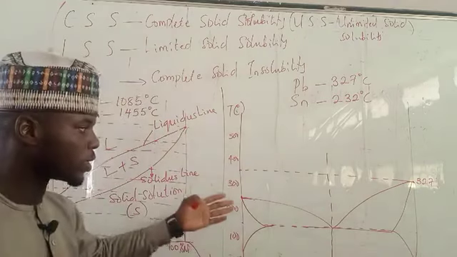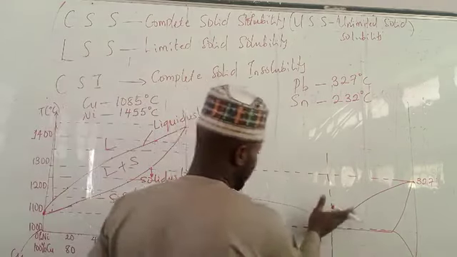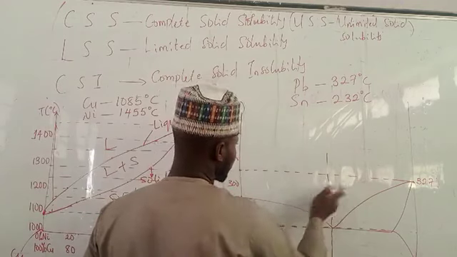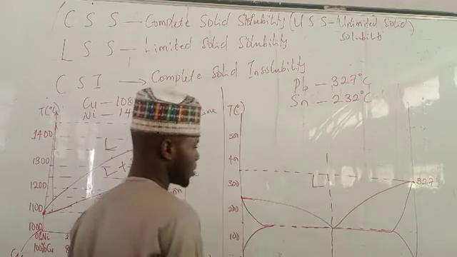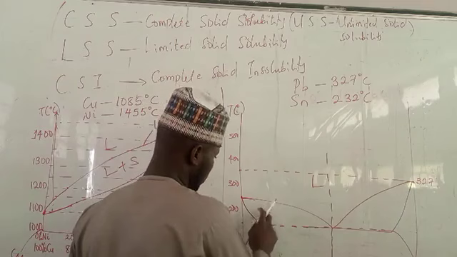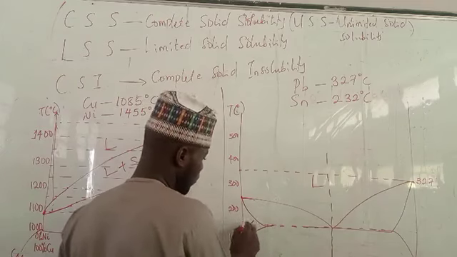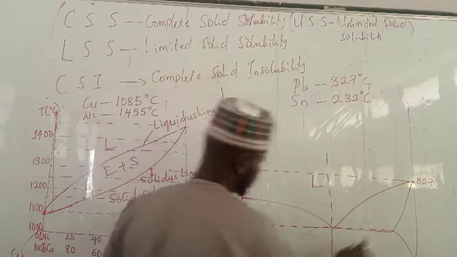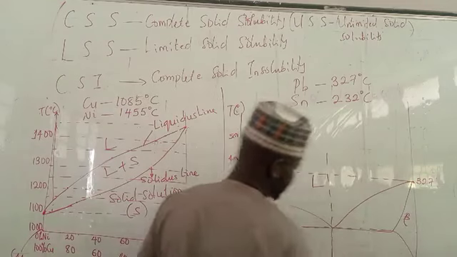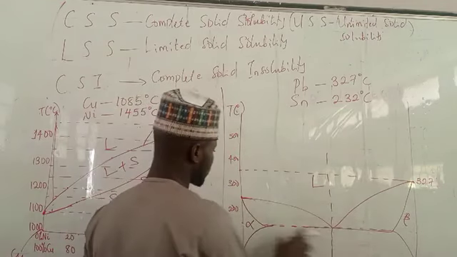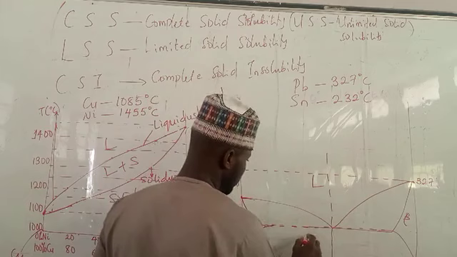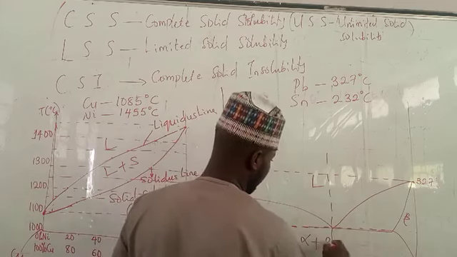To label this diagram now, above this line we have the liquidus line. Then here, since there is transformation, we use alpha to represent the transformation. Here we use beta. Within this region, we have the two-phase solid region, which is alpha plus beta.